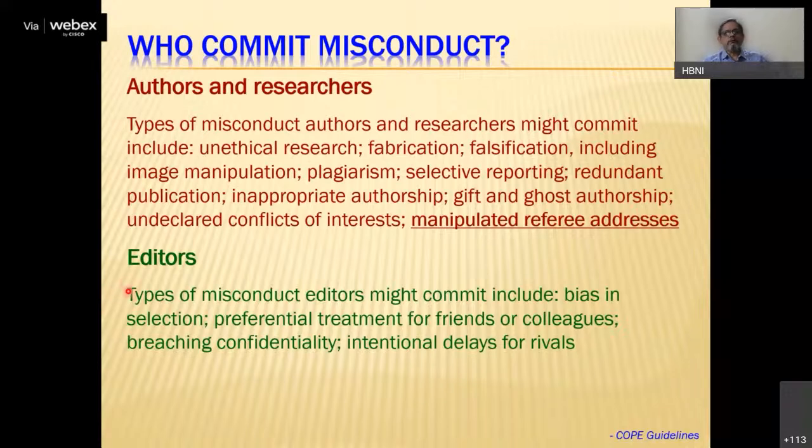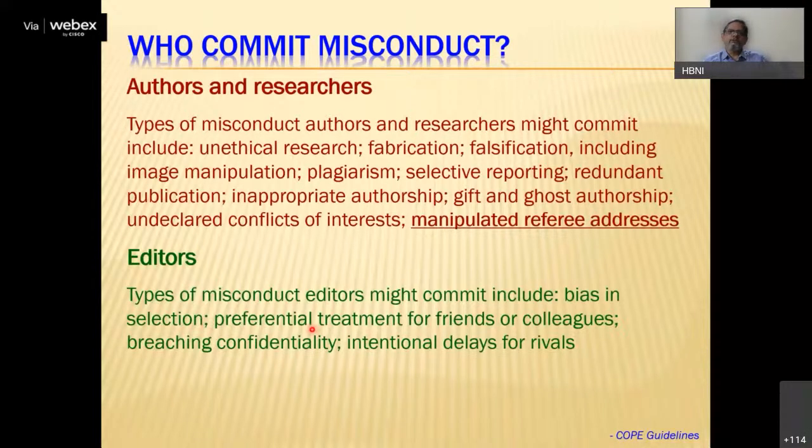Then editors. Editors also can commit misconduct. Editorial misconduct includes bias in selection, that is, selection of manuscripts. Very often people in the third world say that editors of Western country journals have a bias against Asian bylines, especially Indian bylines.